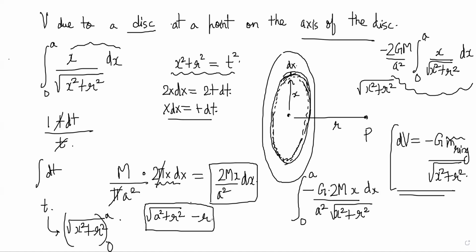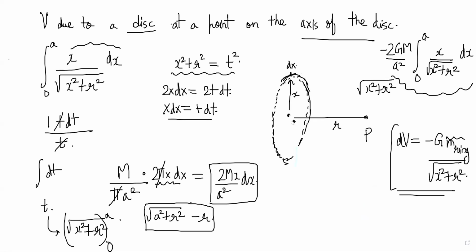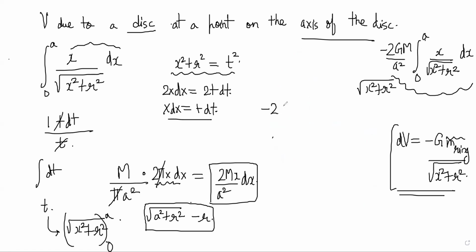And finally, my potential is coming out to be this expression, minus 2gm by a square, times root over a square plus r square minus r. So this is like a standard integration method.